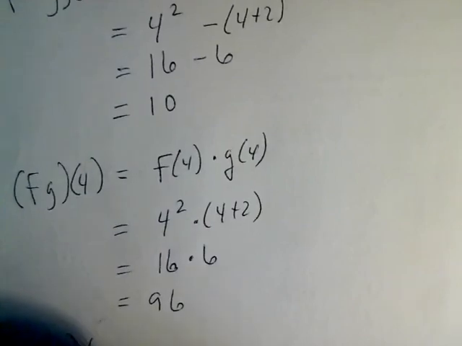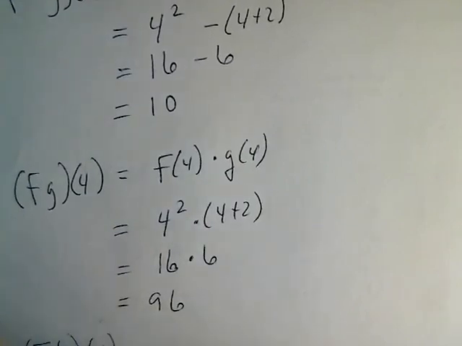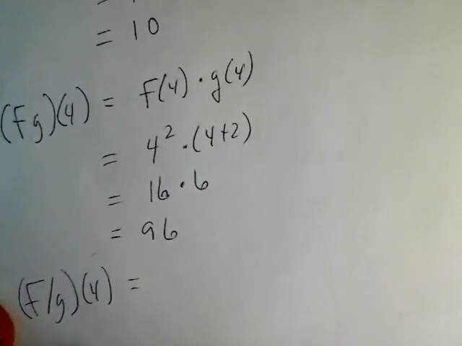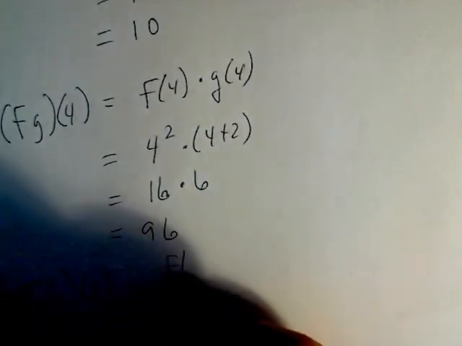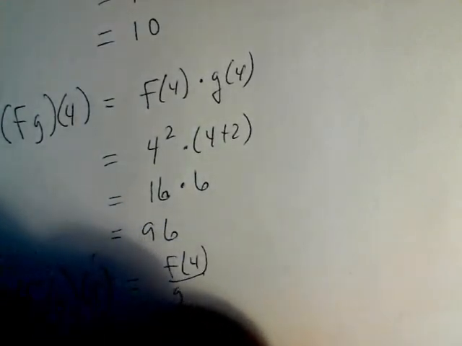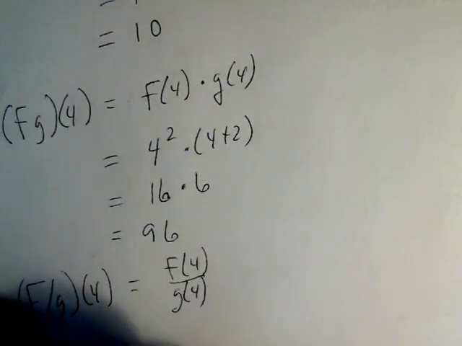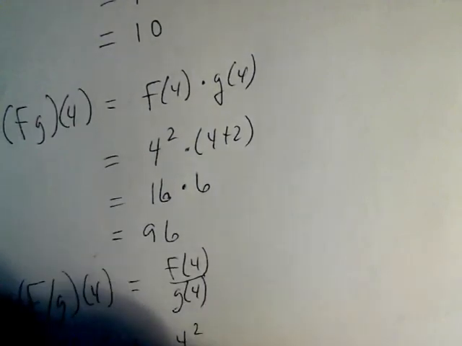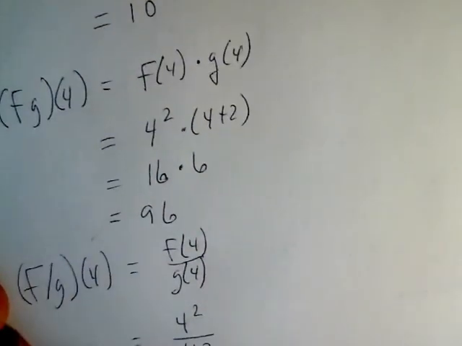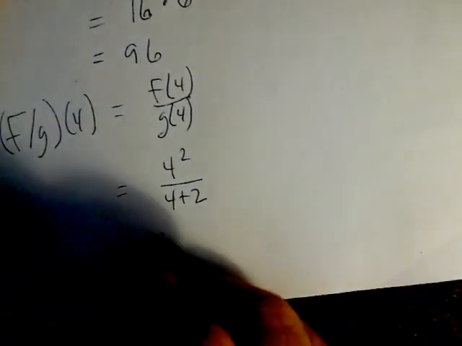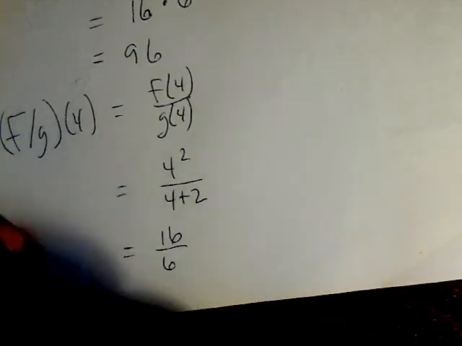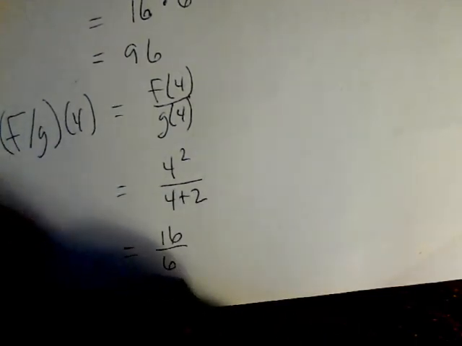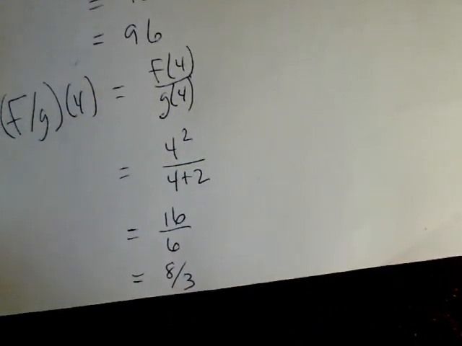Last is the division, the quotient. So I'm going to take f over g of 4, which is f of 4 divided by g of 4. So that's going to be 4 squared over 4 plus 2, which is 16 over 6, which reduces down to 8/3.